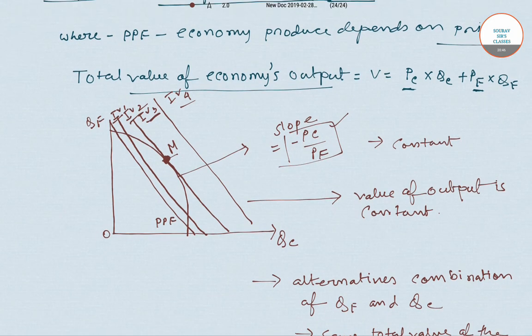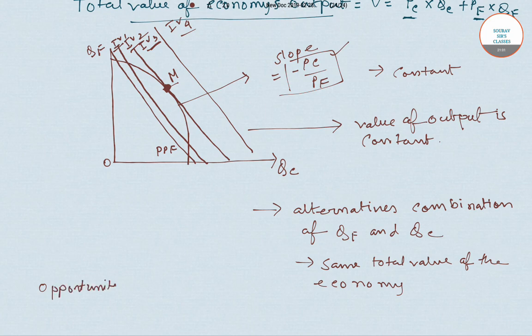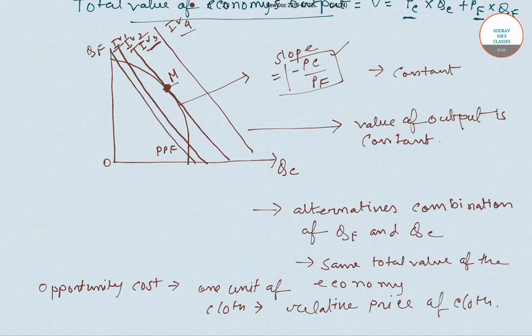Now this means the opportunity cost of producing 1 unit of cloth is equal to the relative price of cloth at this point.